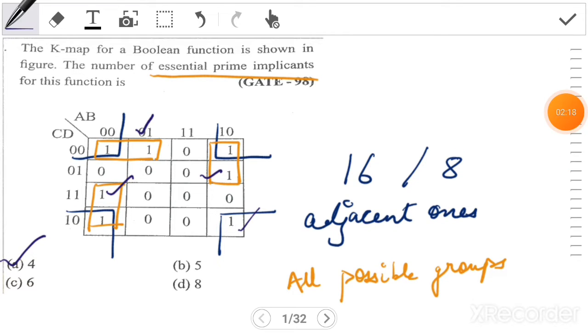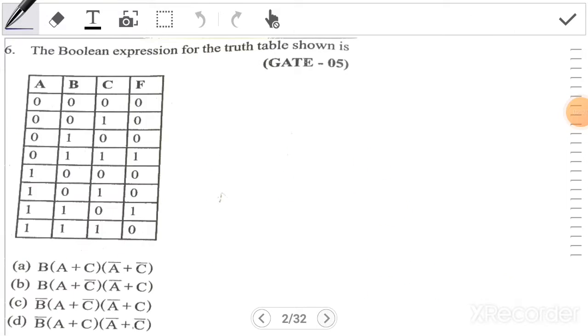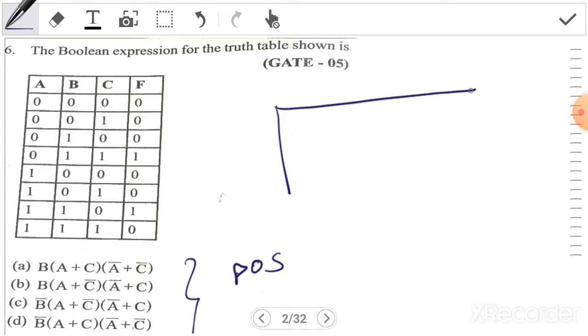Let us go to next question. Since in this question, the Boolean expression for the truth table shown is, since all the options are in product of sum form, right? So let us construct K-map for 3 variables with max terms.